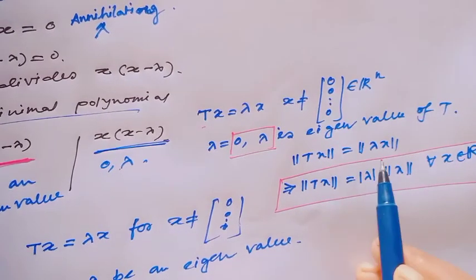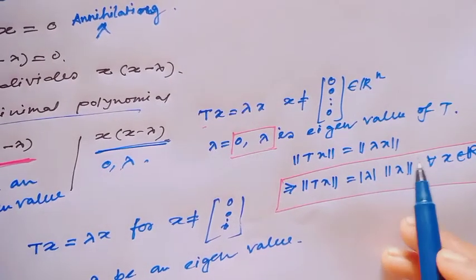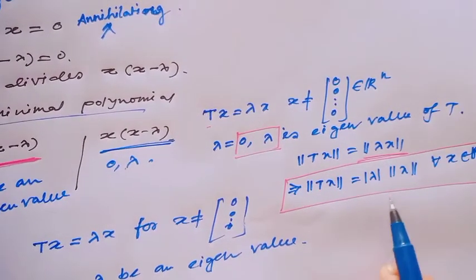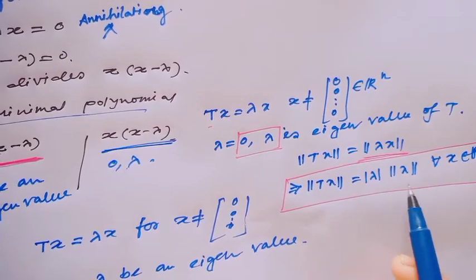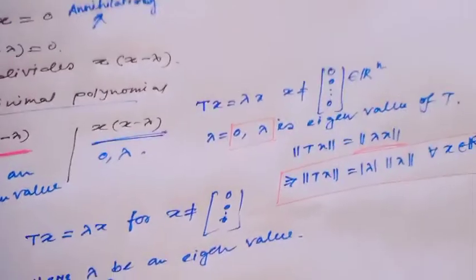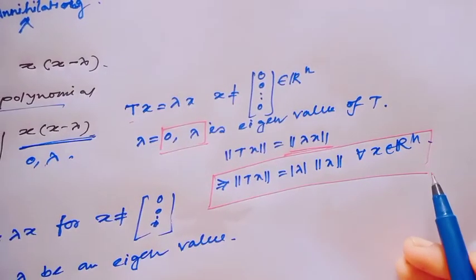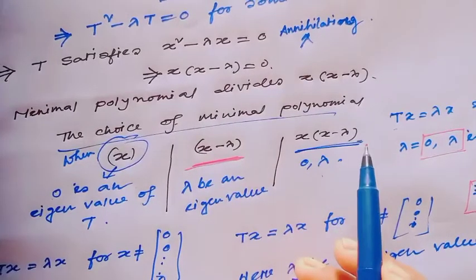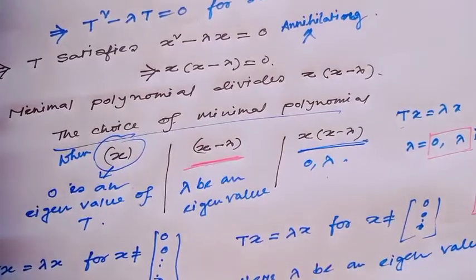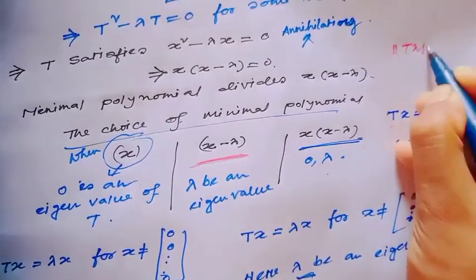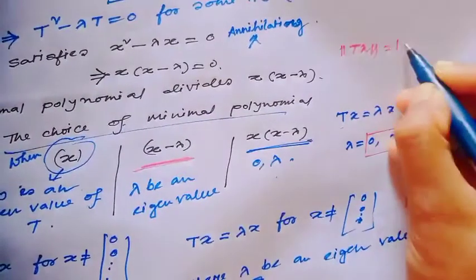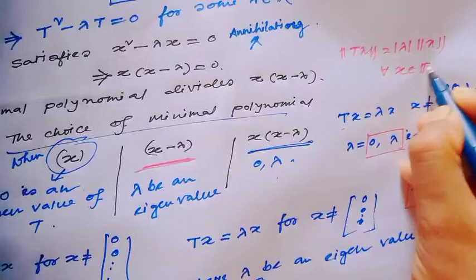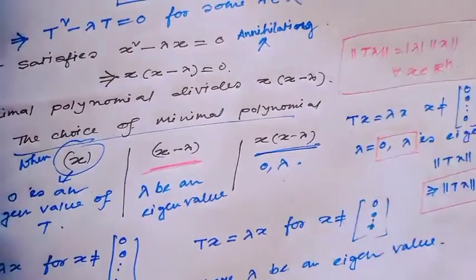This would be norm Tx equals norm lambda x, and since lambda is a scalar, this is equal to absolute value of lambda times norm x, where x is a member of Rn. That means for any choice of minimal polynomial, the relation norm Tx equals absolute value of lambda times norm x is true for all x belongs to Rn. Are you getting?